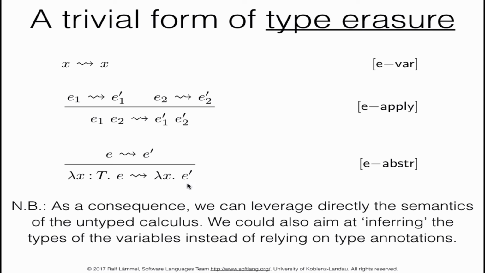So in this manner we will be able to use the semantics of the basic untyped lambda calculus even for the simply typed lambda calculus. So we would be using type annotations only to reject lambda abstractions statically that we don't like, but we wouldn't use type annotations at runtime, so to say.